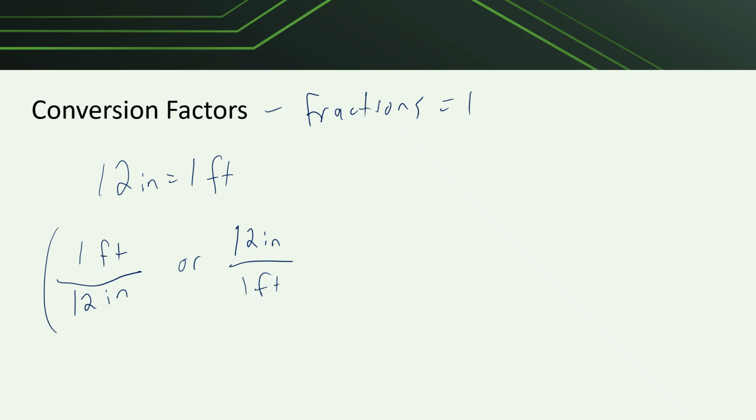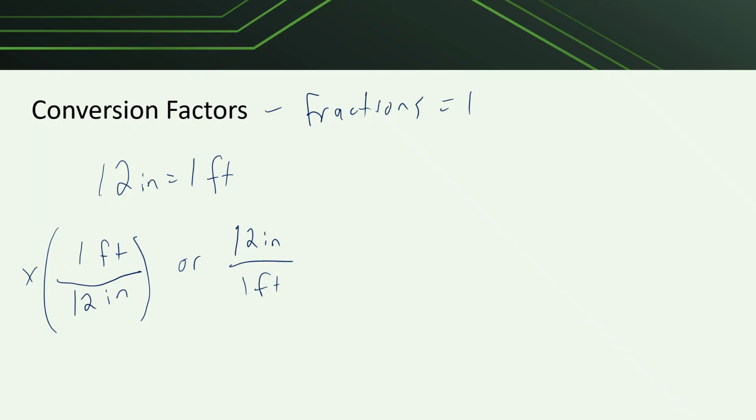But effectively, this has a value equivalent to 1, because that's the same length. We're measuring length there. So when I multiply that by a measurement, I'm not changing the actual size because they're both the same length. I'm just changing the unit that it's being measured in.